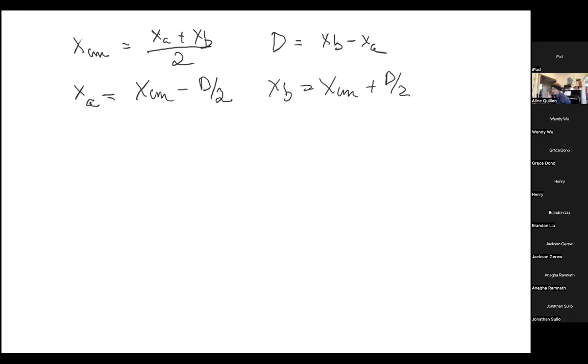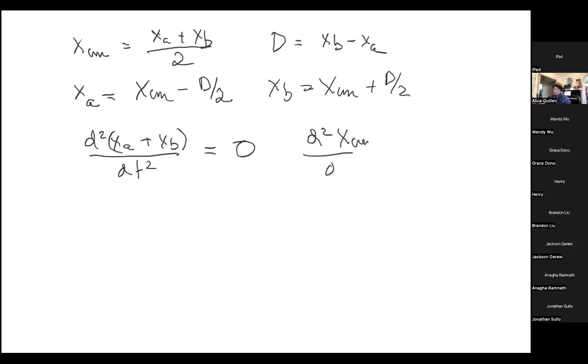Because the spring forces were equal and opposite, when you add the two equations of motion together, you get this equals 0. And this we can write as d squared x center of mass dt squared equals 0.